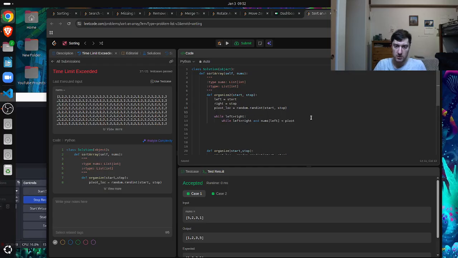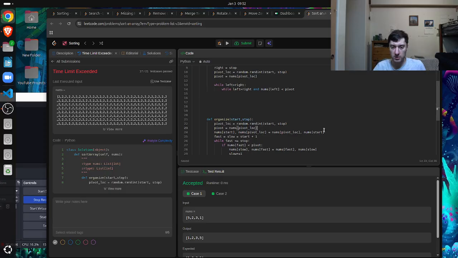And then pivot is equal to nums at pivot location, then set the pivot location equal to 0. I'm just going to copy this. Okay.